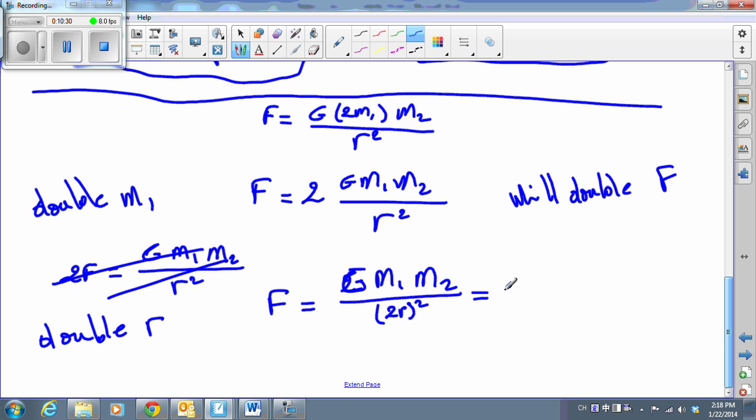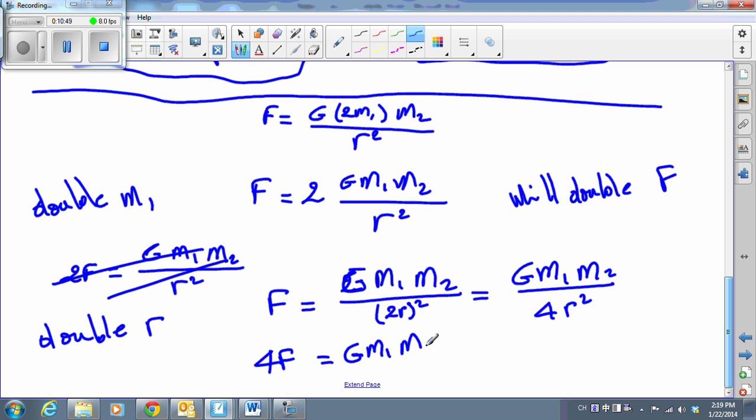Now, doubling R, I will end up with G M1 M2 over 4R squared. If you double your R, you end up quadrupling your F. So I will end up with 4F equal to G M1 M2 over R squared.